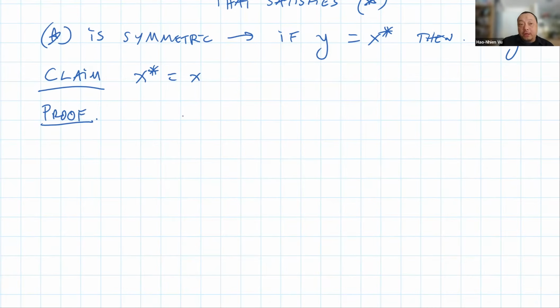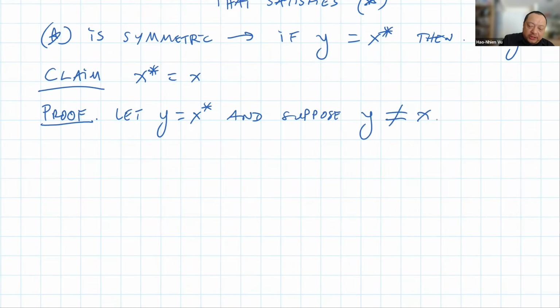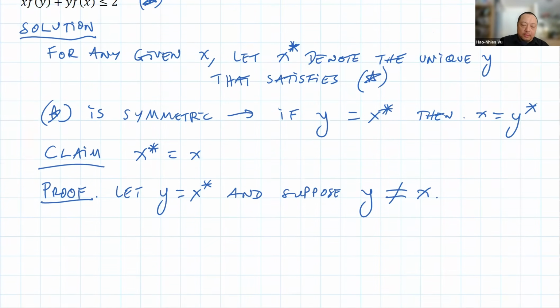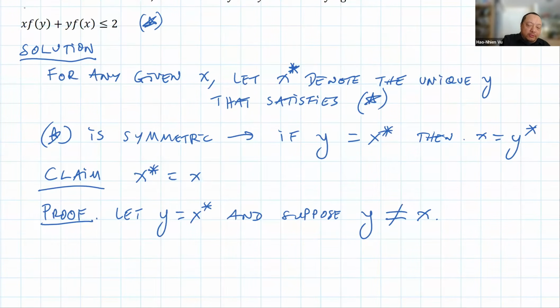The proof will be by contradiction. Suppose x star is not x. Then if I insert an x in here, the inequality will not work, right? Because y is a unique number, the x star is unique.